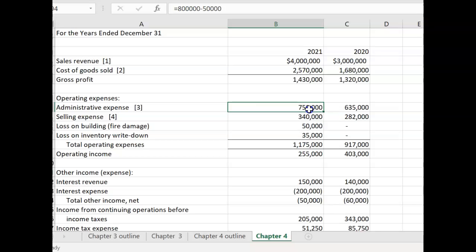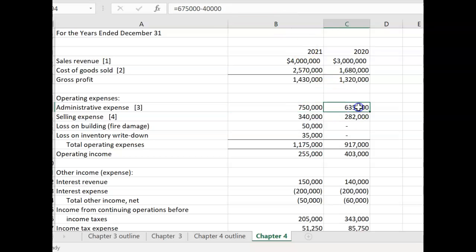For 2021, the administrative expenses is $800,000, and we would subtract the $50,000 that pertain to the component unit that was put up for sale in July and sold in September of 2021.